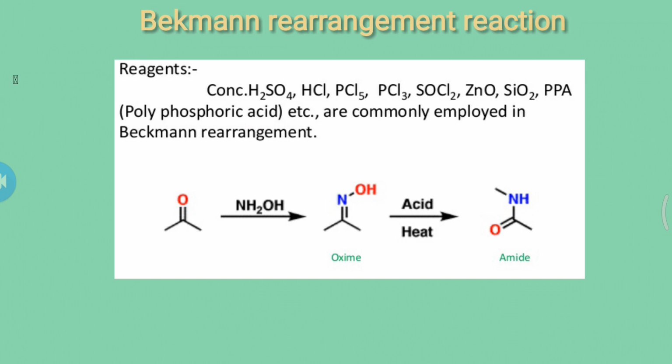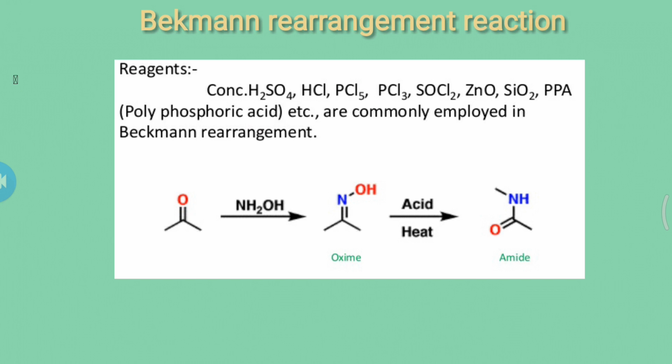Next example, the Beckmann rearrangement reaction. In this reaction, a ketone converts to an amide. The ketone reacts with hydroxylamine to form an oxime. The oxime reacts with acid and heat to form an amide through alkyl group migration, a 1,2 shift. This is called the Beckmann rearrangement reaction.